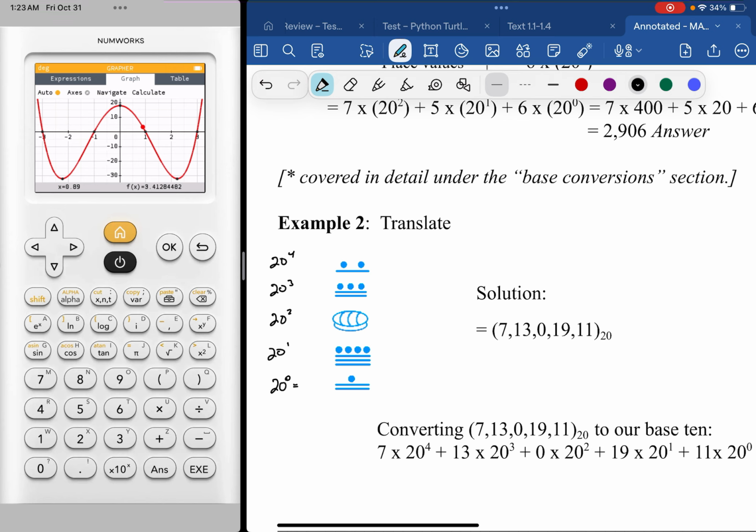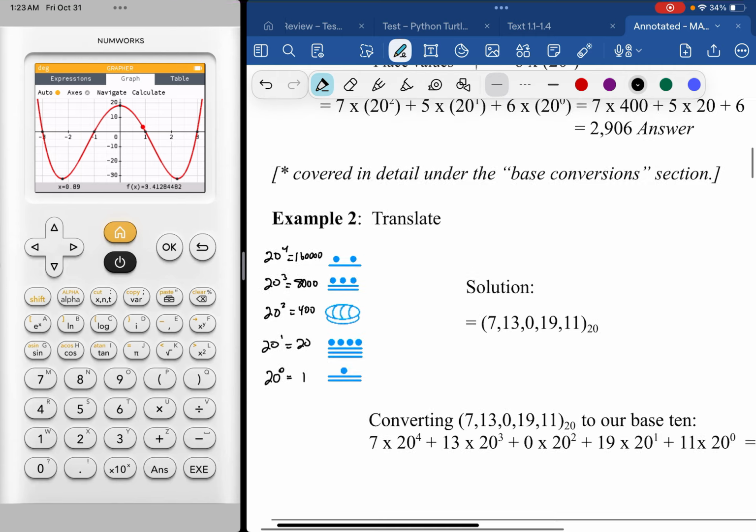Anything to the 0th is 1, 20, 400, 8,000, and then 16 with 4 zeros after, so that's 160,000.